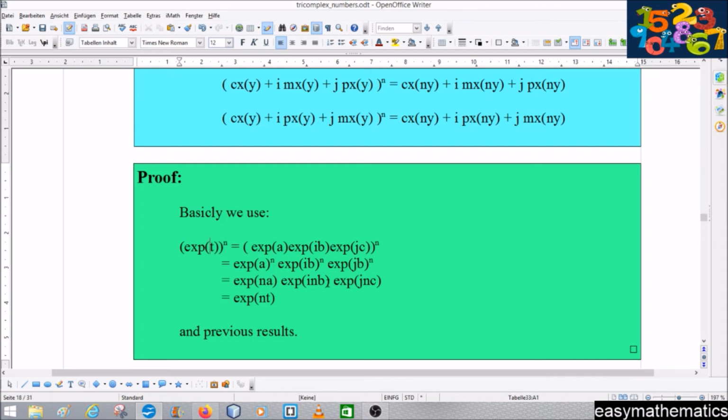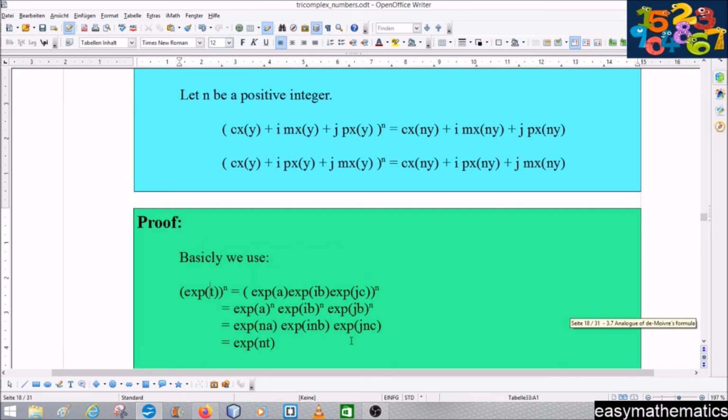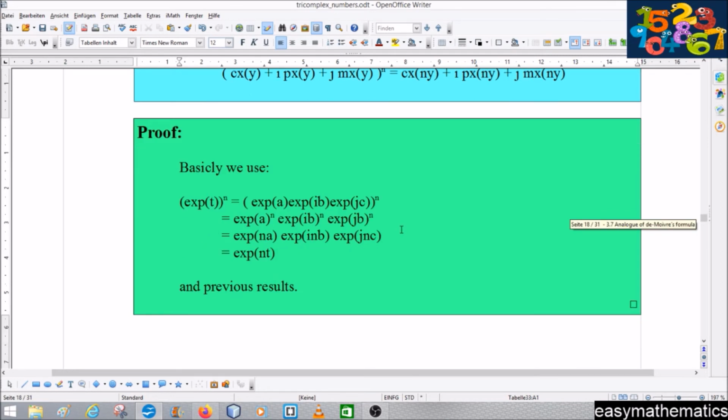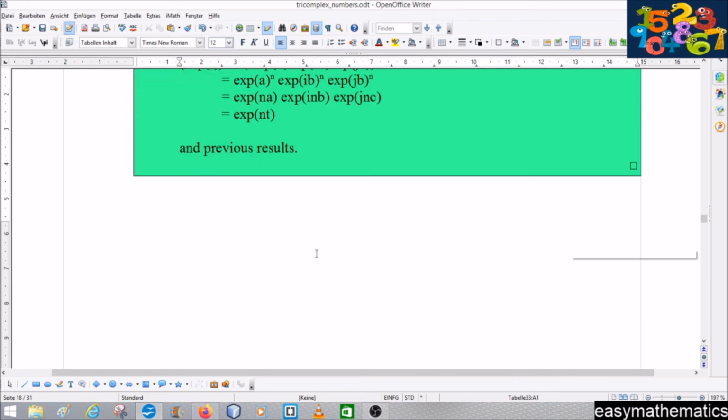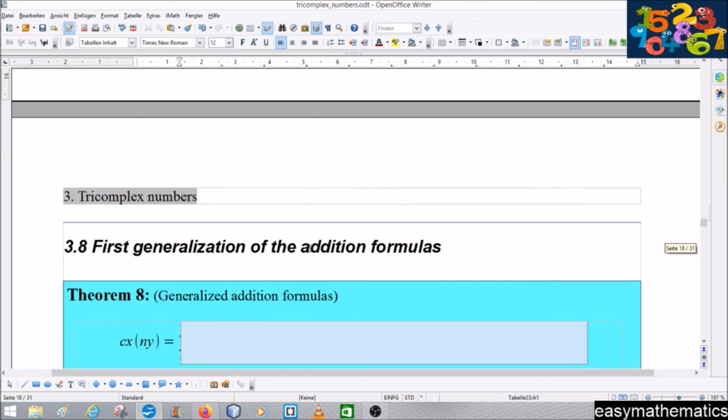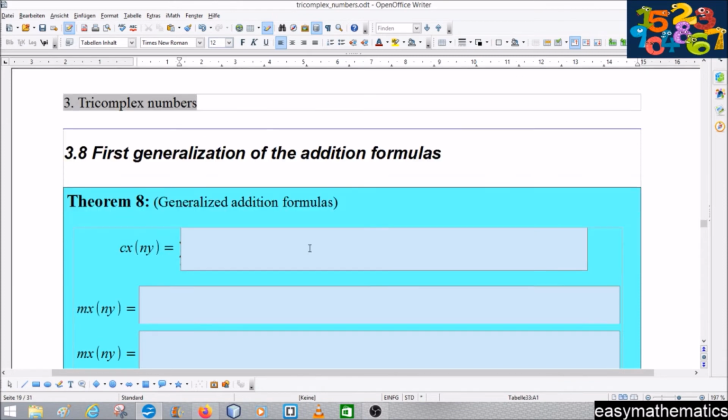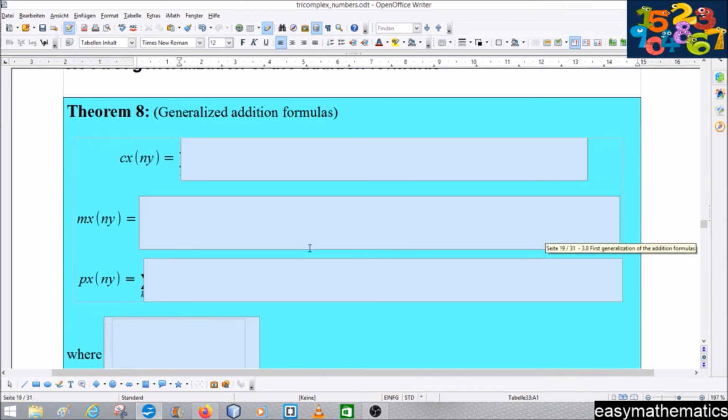This is the classical rule for exponentials, and it is also valid for tricomplex numbers. And then with previous results, we get these two De Moivre analogs. Alright, I leave the details for you. I will not write all the stuff here because it's very messy.